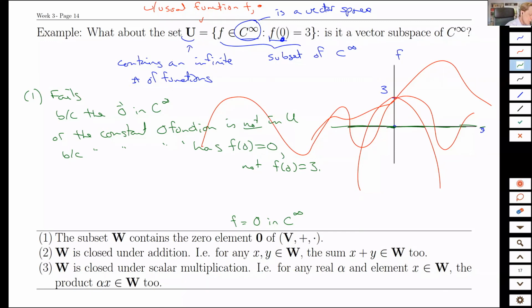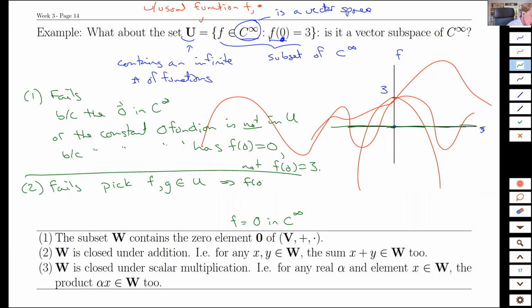I do want to just quickly mention that it also fails some of the other properties too. In fact, it fails all 3 properties. So I'm just going to highlight that quickly. It also fails 2, just for example. So I pick f and g both in U. And that means that f of 0 equals 3 and g of 0 equals 3.